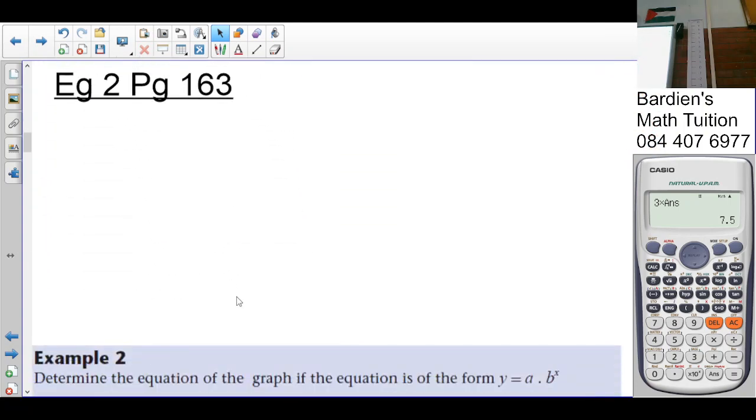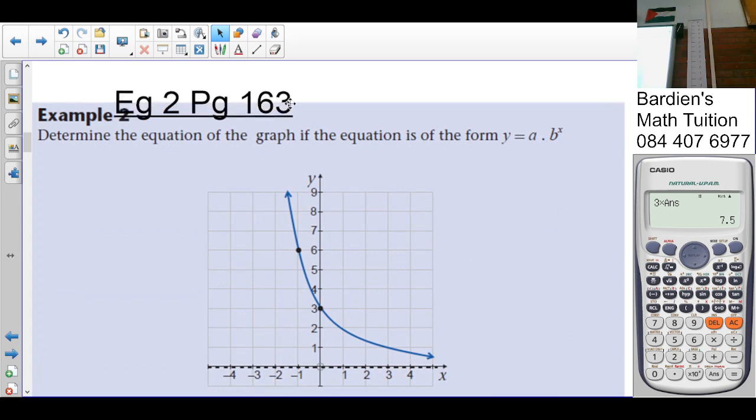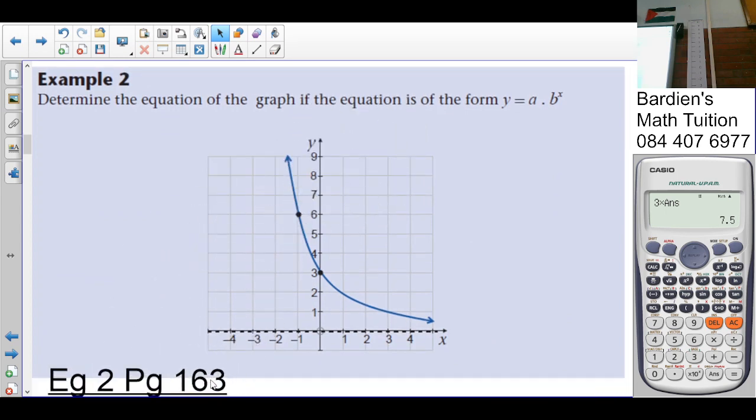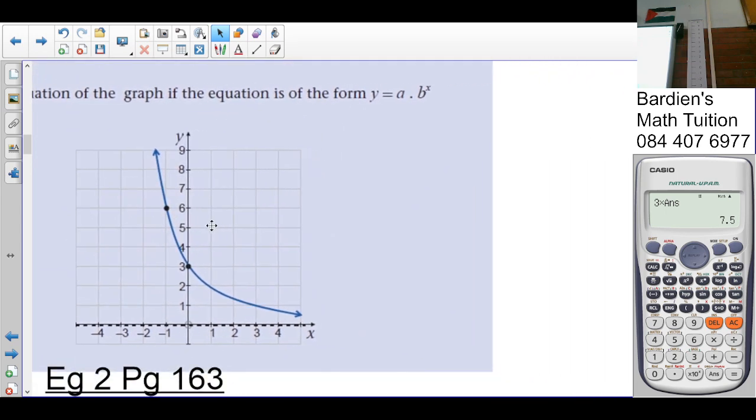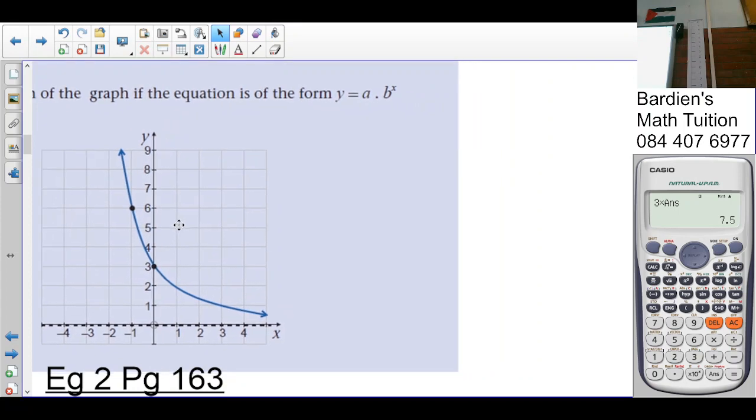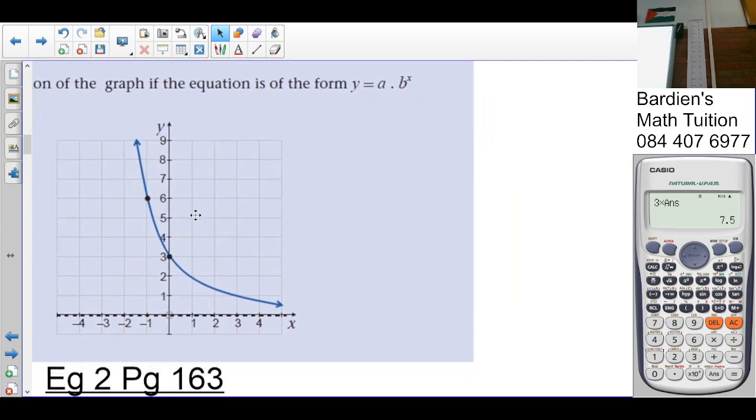Example 2 on page 163. Determine the equation of the graph, if the equation is of the form y is equal to a times b to the x. How many unknowns are here? 2 unknowns. Not so? So how many points do I need? 2 points. What's your value of q here? 0.